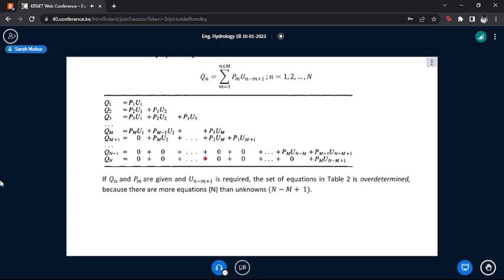Then you have the unit hydrograph as a vector matrix. You multiply the diagonal matrix for P by the vector matrix of the unit hydrograph, and the result will be a vector matrix for discharge Q.